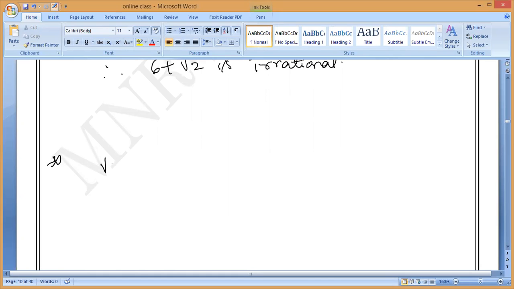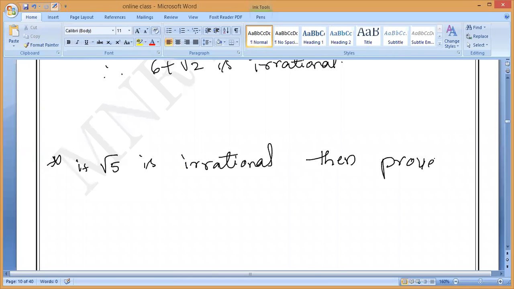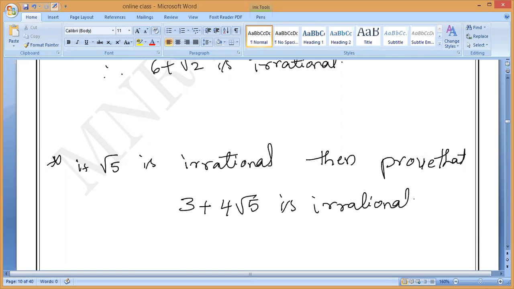See this question. If root 5 is irrational, then prove that 3 plus 4 into root 5 is irrational. So here we need not prove that root 5 is irrational.